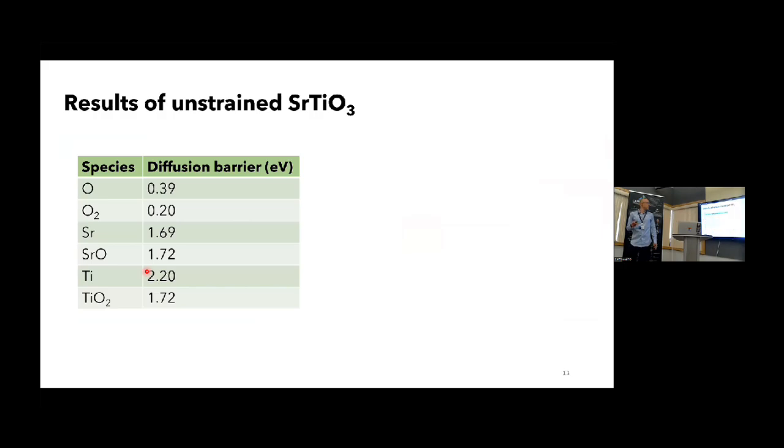To wrap the results up, I extracted the diffusion barrier for the most optimal diffusion path. And what we see is for oxygen and O2, a single oxygen atom has a higher diffusion barrier, which is not surprising because it likely wants to form O2 on the surface, where O2 is chemically stable, so it doesn't want to react.